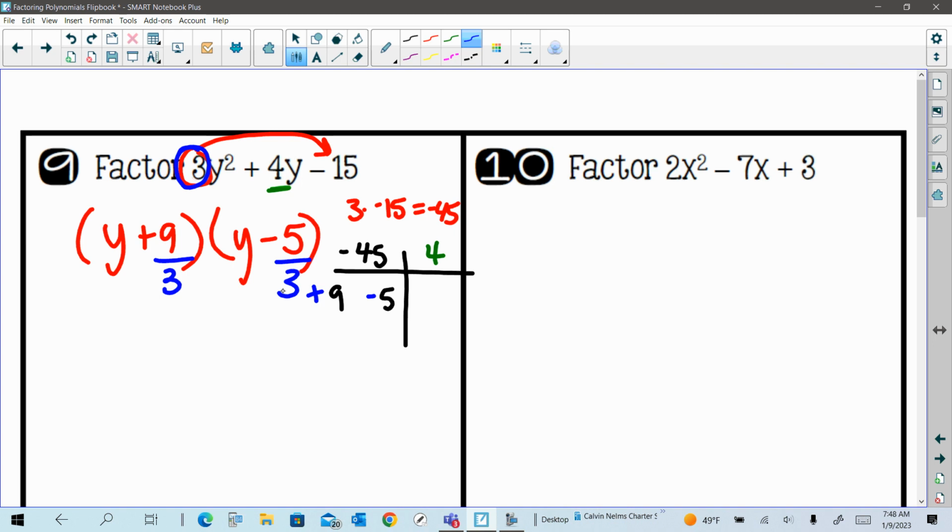Just a number, and you simplify it. So for example, I know 3 can go into 9. So this simplifies to y plus 3. 9 divided by 3 is 3. 3 cannot go into 5. So the way this works is this bottom number has to go back up to the front. So this becomes 3y minus 5.